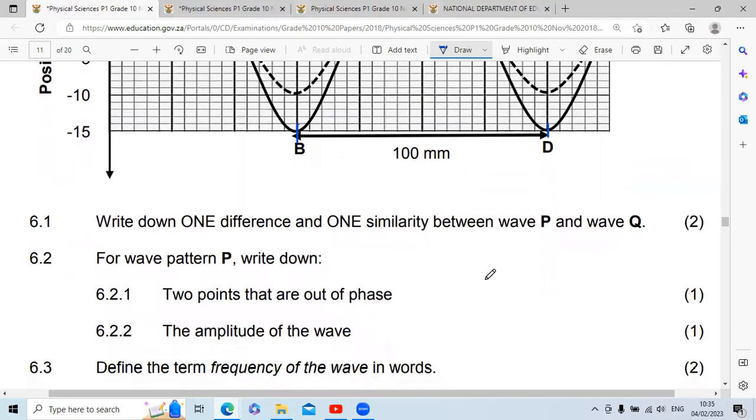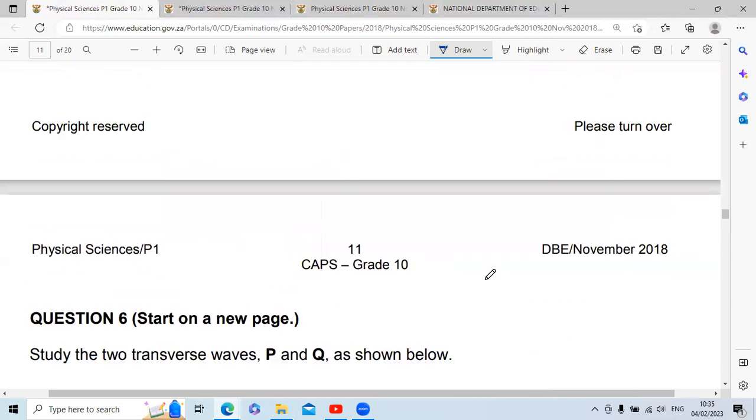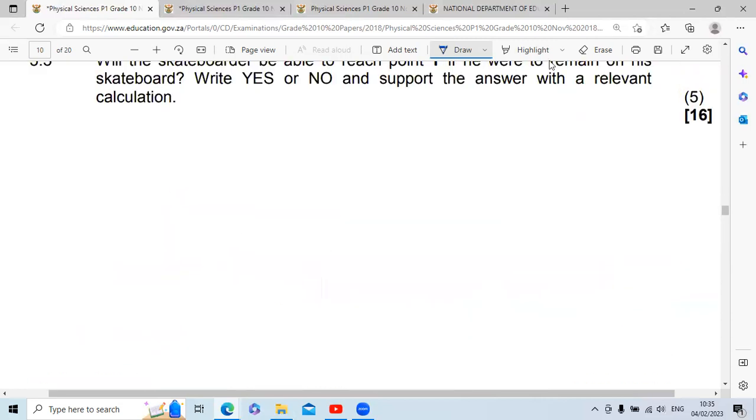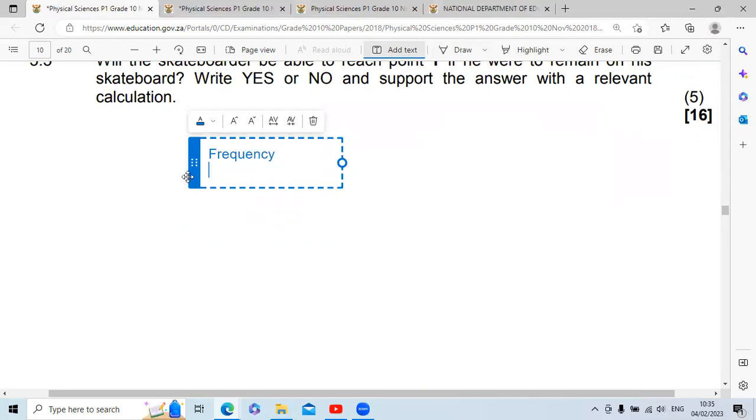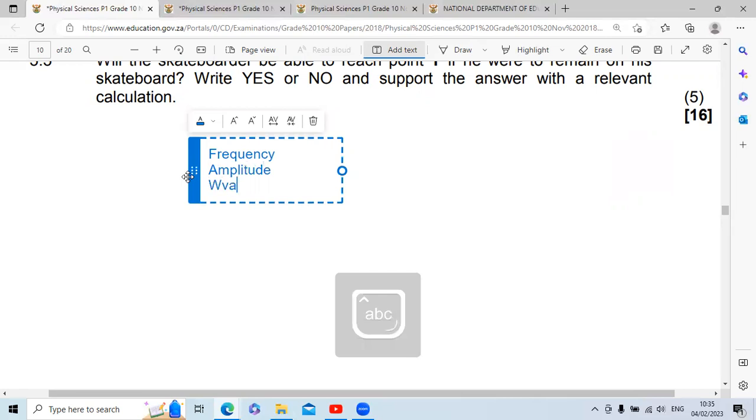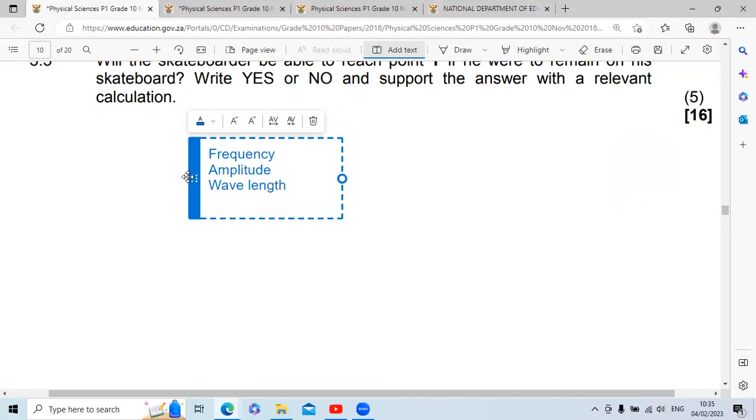So I'm just gonna write down the words here. We're gonna say frequency. We're gonna have amplitude. We're gonna have wavelength. And period.